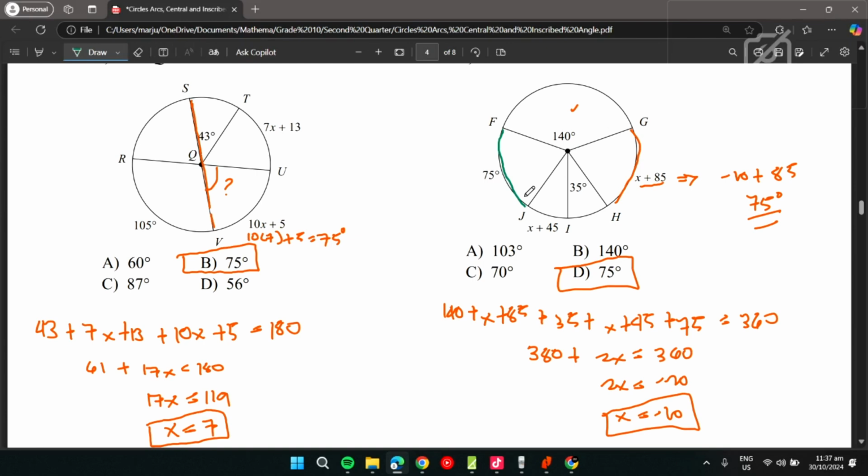Alright. Now, again, this is geometry. Alright? So again, unless stated, we are not really allowed to assume things. Kahit they appear equal, they appear congruent, unless they are stated, we are not allowed to assume. Alright? That is geometry. Unless stated.